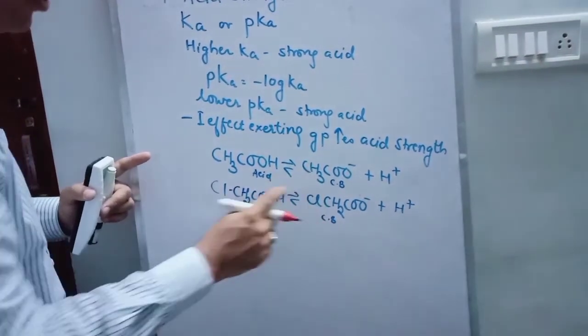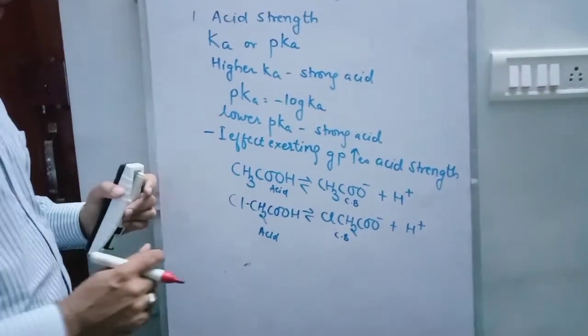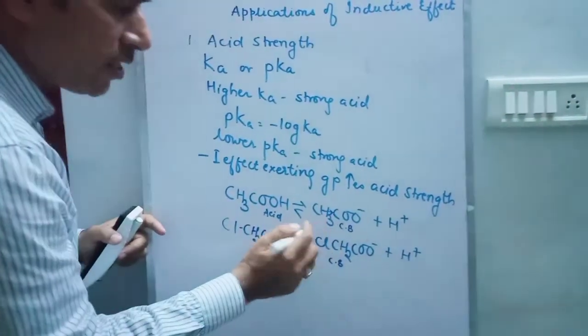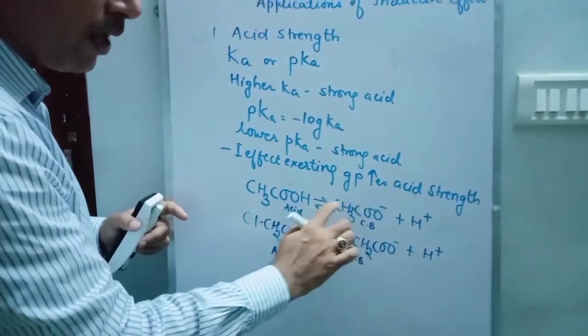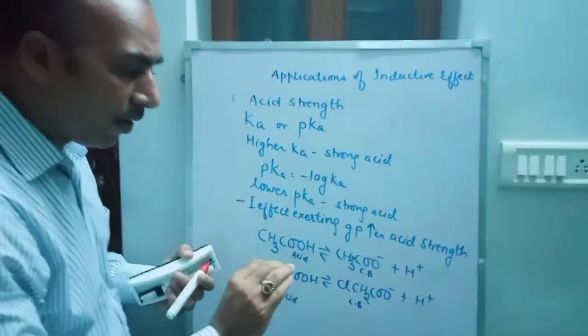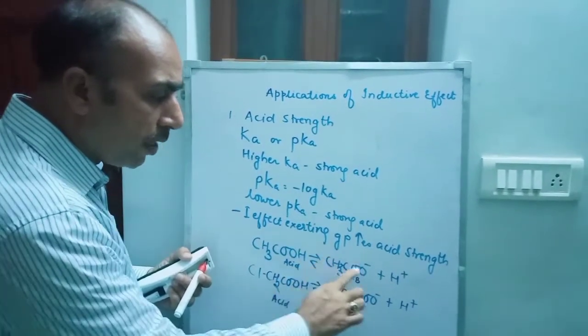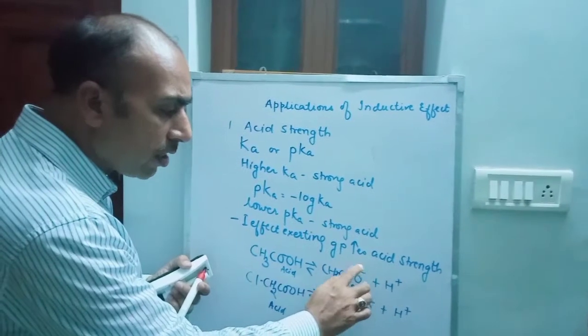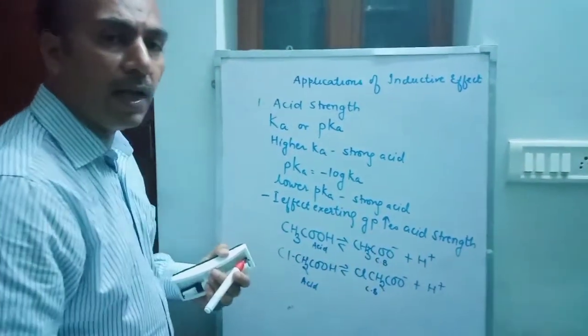Out of these two conjugate bases, which one is more stable? See, here there is a plus I effect exerting group, as we know that the alkyl group exerts plus I effect. Plus I effect means electron donating effect. This alkyl group donates the electron density towards this side and the negative charge increases at one end of the carboxylate ion.